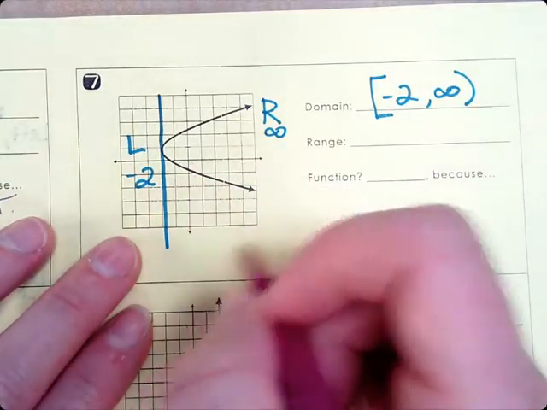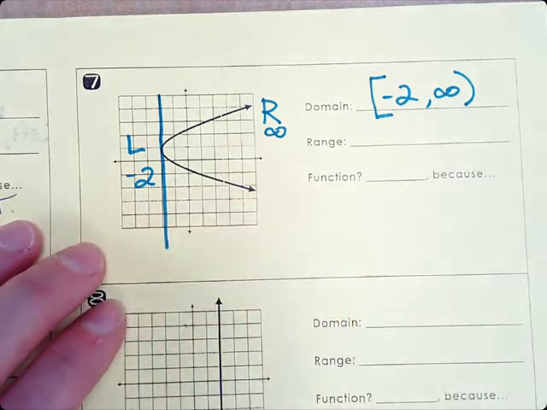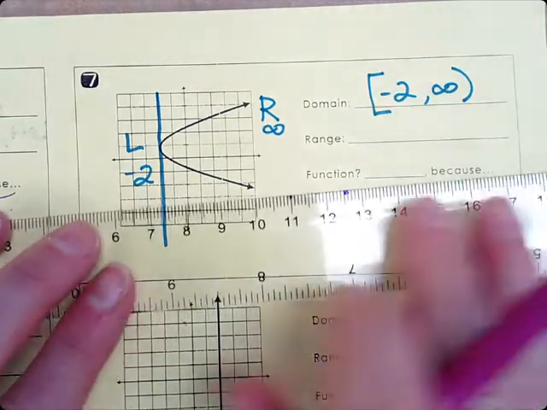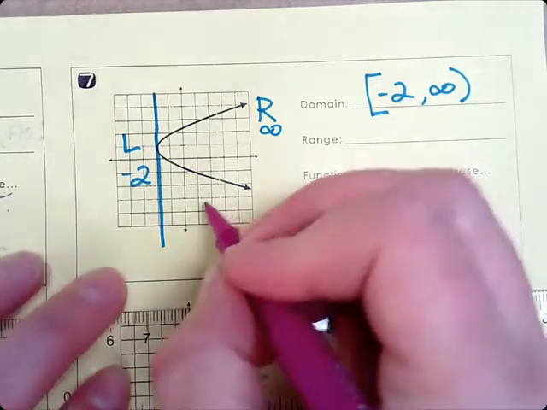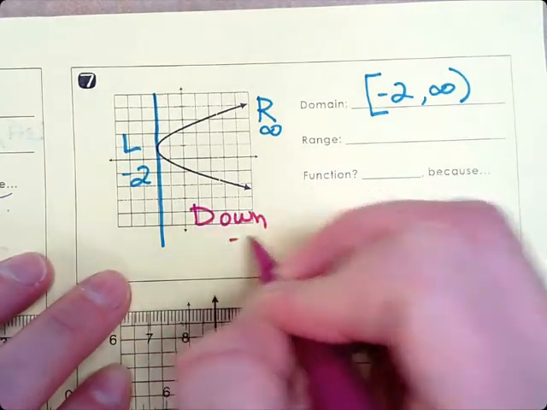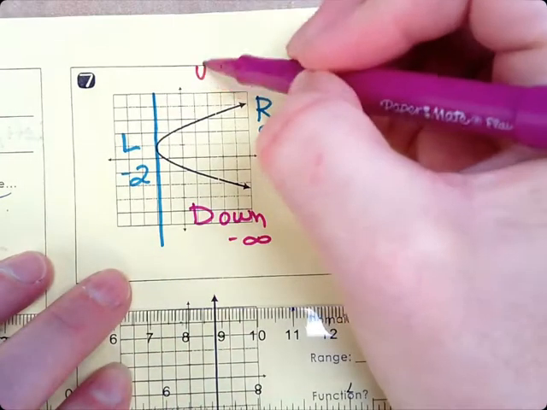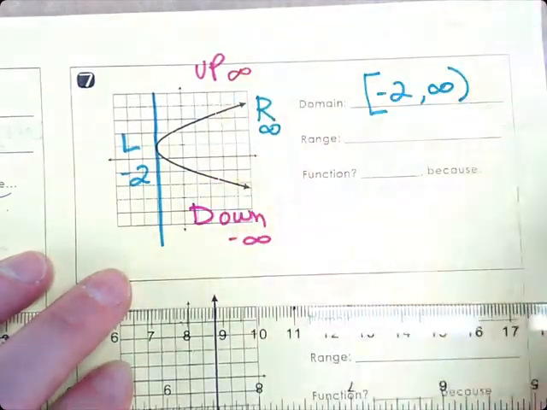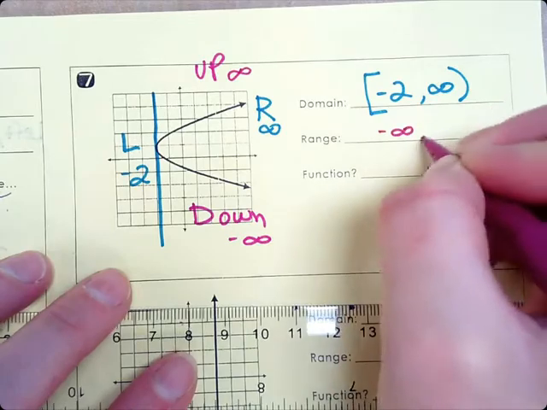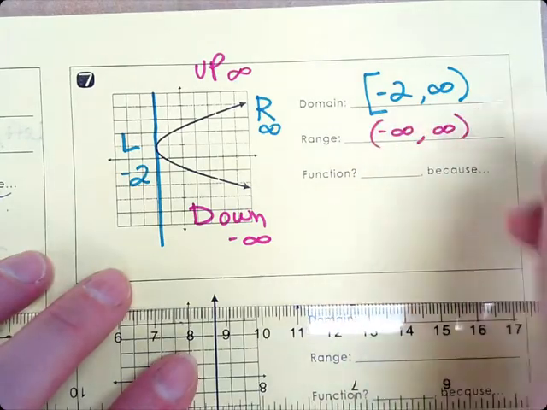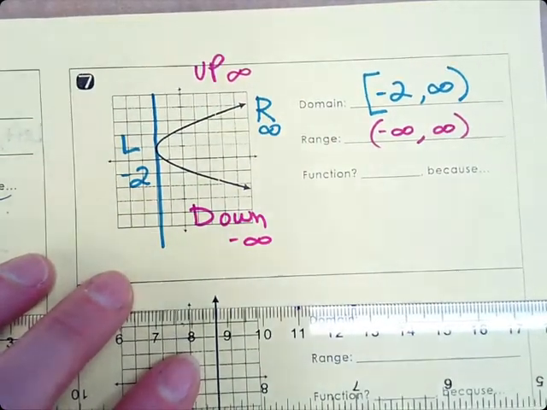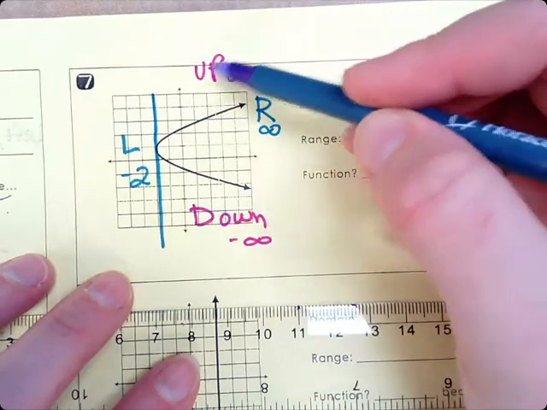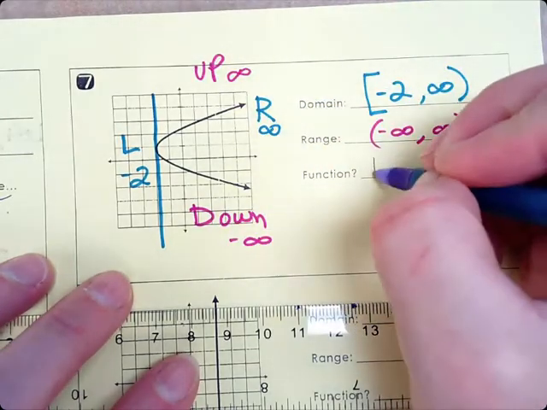And then our down and up, I cannot put a fence on the bottom part because it's continuing on and on. So down to -infinity. And then up, it's continuing on and on, going to infinity. So up is infinity. Is it a function? Nope. No, if I do my vertical lines.